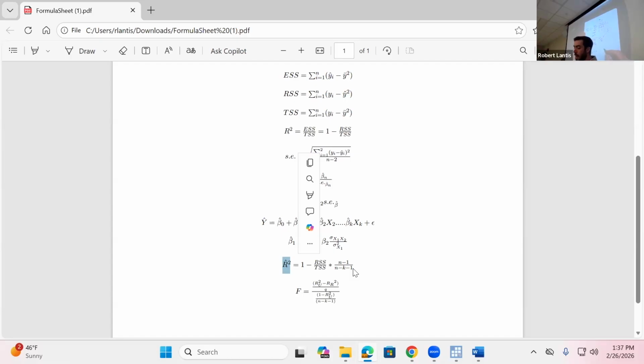So if I increase k, maybe across 2 different data sets of the same sample size, I include more variables to predict my y variable. Once again, I just go through the thought experiment. If k goes up, and this one's easier, I'm subtracting a larger value. What's going to happen to this?